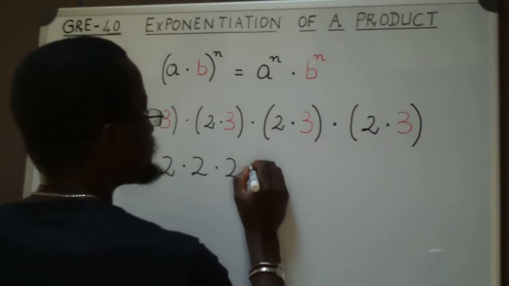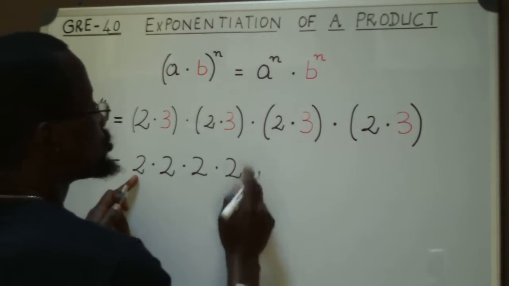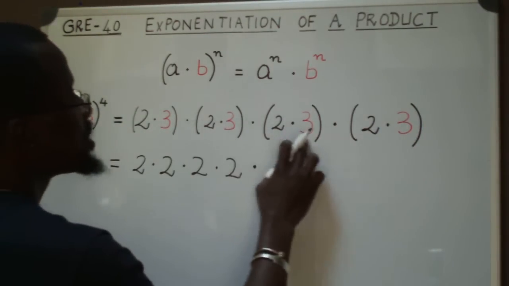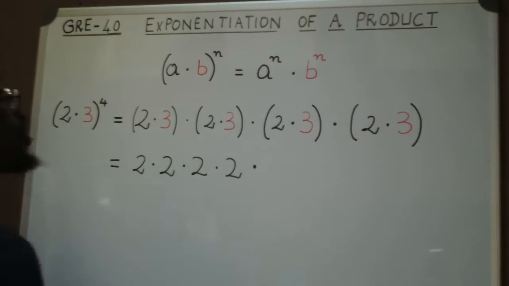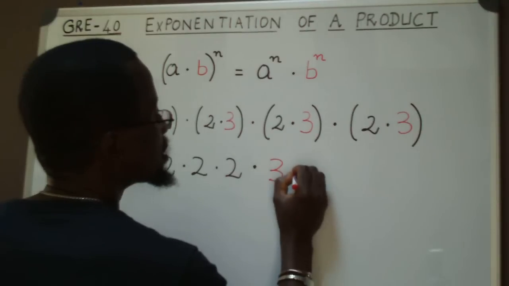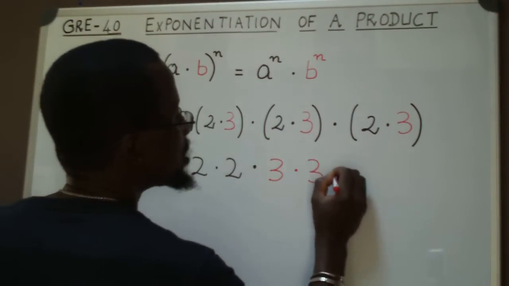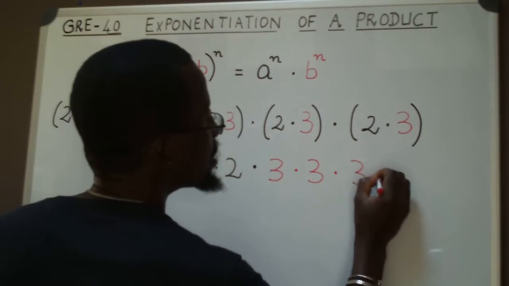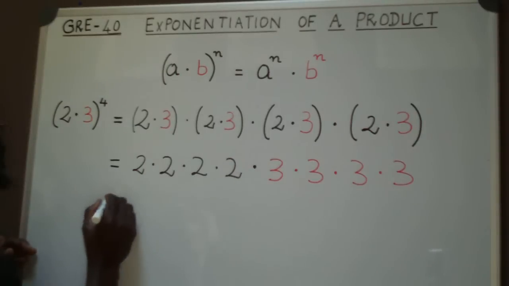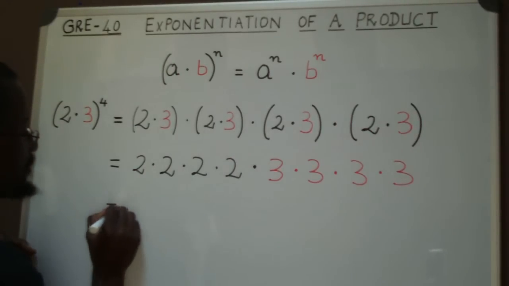And now that I've written all the 2's, what about the 3's? Well, we also have a repeated multiplication of 4 factors of 3, so I have 3 multiplied by 3 multiplied by 3 multiplied by 3. Now I can simplify this expression even further.